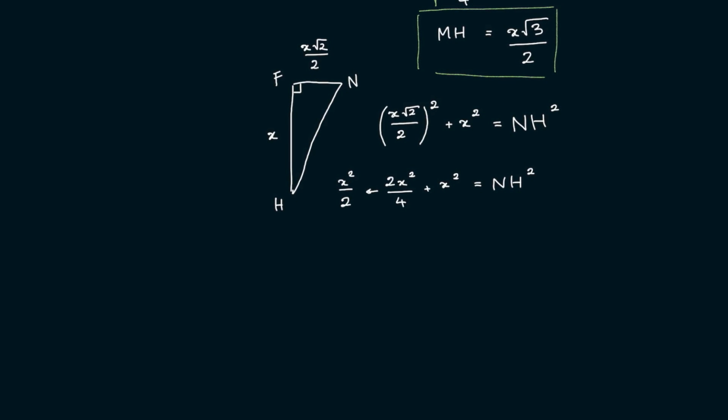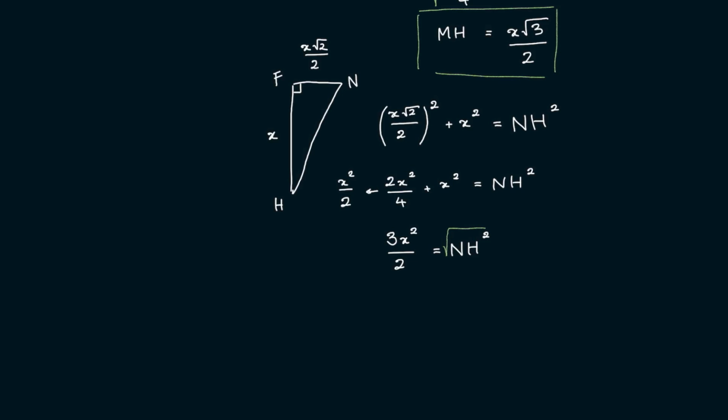Alright. Now, let's simplify the left-hand side. And when we do that, we get 3x squared over 2 equals NH squared.